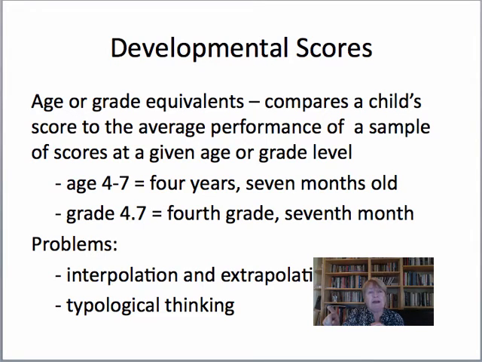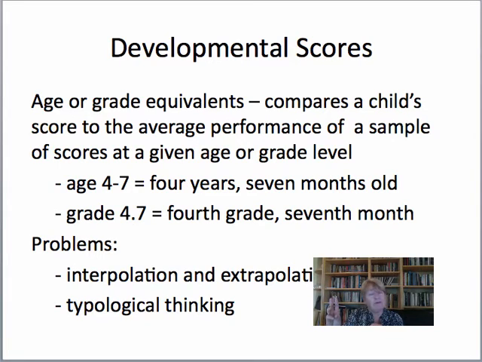So they interpolate, they draw a line between 4.5 and 5.5 on a graph, and now they can identify, or they can imagine what scores would be at each point between 4.5 and 5.5.